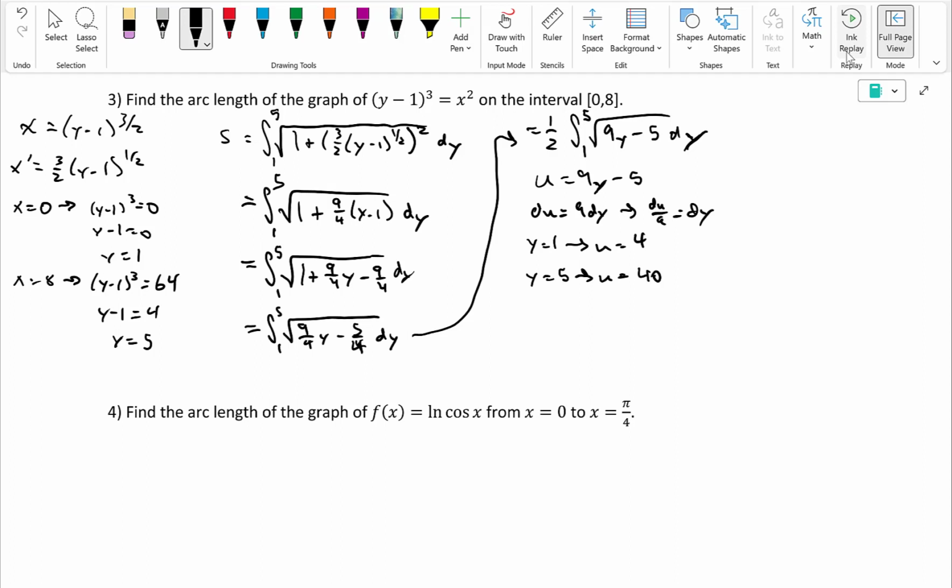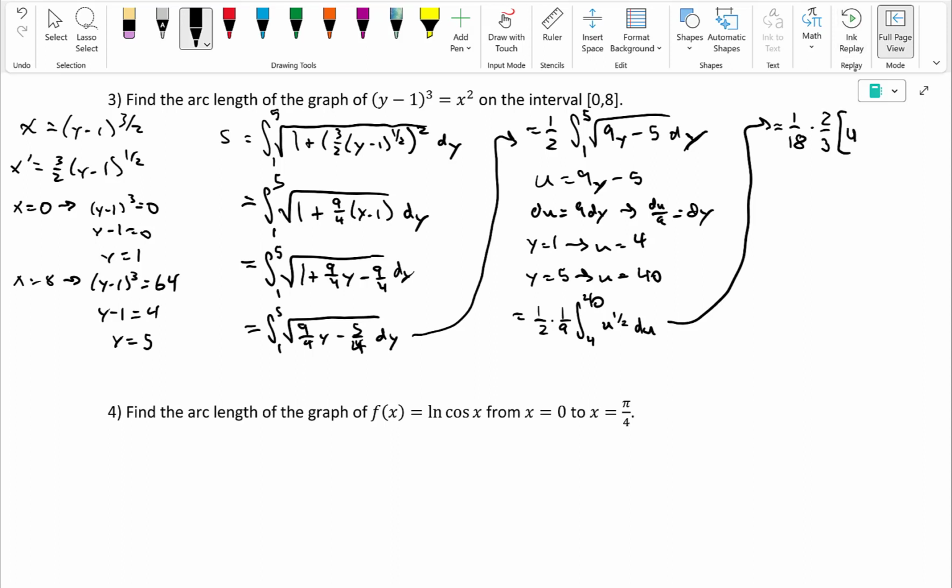And then we can sub back in. So we get our integral, 1/2 times the 1/9 that comes in from du over 9, integral from 4 to 40 of just u to the 1/2 du. And let's just finish over here. The 1/2 times 1/9 will give us a 1/18. And then we're also going to multiply that by the 2/3 that comes in from our integration, right?